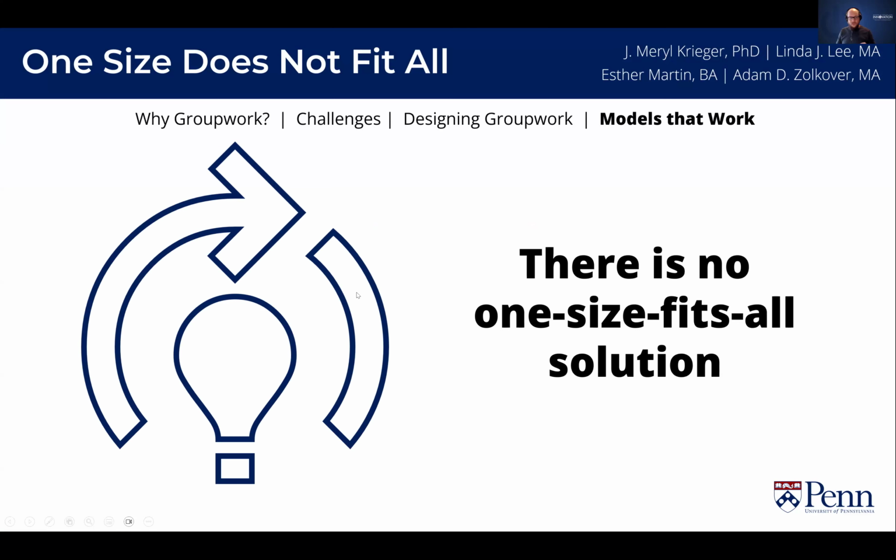But there's no one-size-fits-all solution. So what we plan to do here is talk through 3 very different solutions that build on this intentional approach to design group work that meets diverse needs of diverse stakeholders.